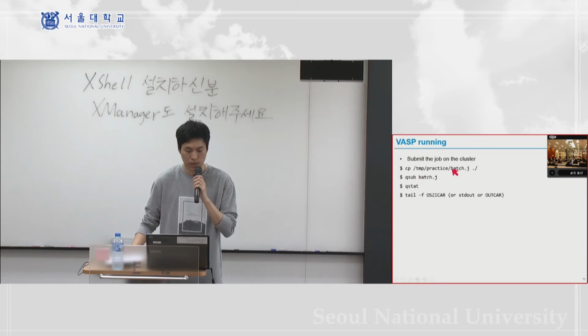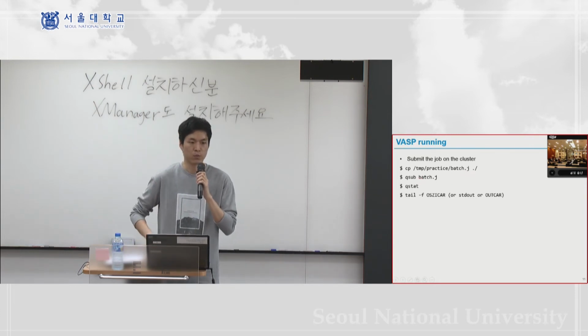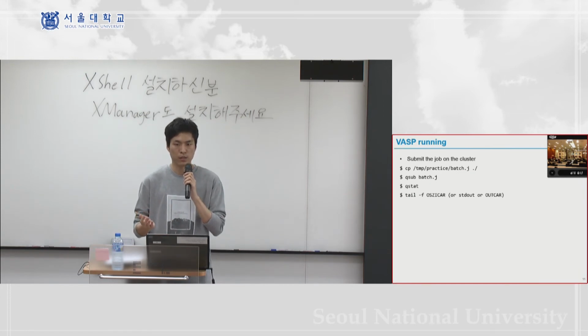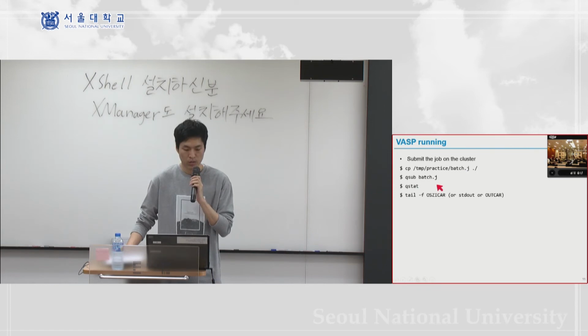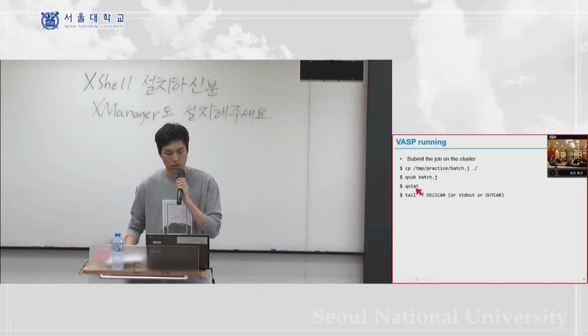Here the batch.j file contains the job information, what we will be doing and how many resources we will be using. We prepared this batch file, so we can copy this file, and using the qsub command we can submit the job, and using the qstat command we can monitor how our jobs are going.